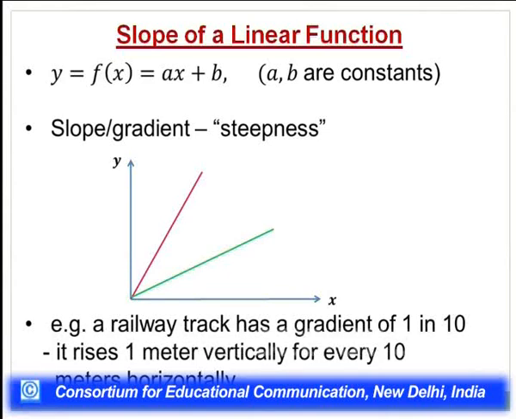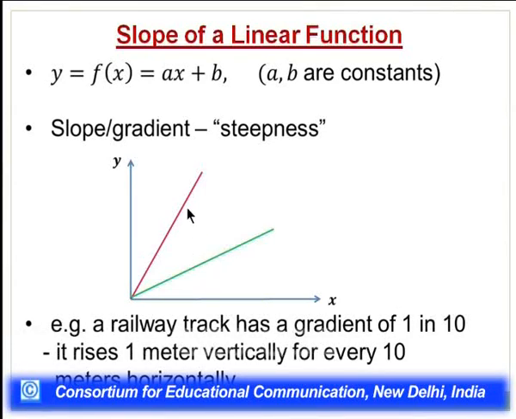Now, to get a visual sense of things, take a look at this picture here. I have this red line, a green line, and you can think of this blue x-axis as your flat road, and you can think of the red and green lines as two kinds of mountains that you might climb for a trek.